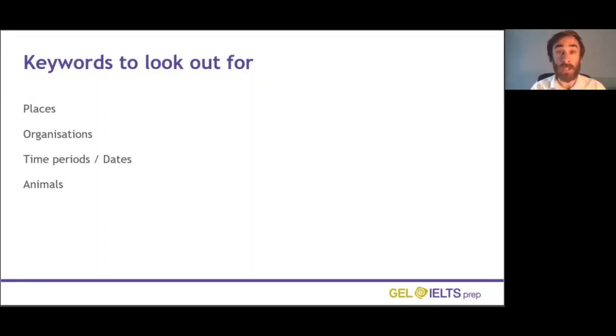So good words to underline are acronyms and abbreviations. These are very often organizations like UNESCO and FIFA. They're good because they're very easy to find in the text because of the capital letters, but as well as this, they're often key for the meaning of the text. Italicized words are also important to underline.